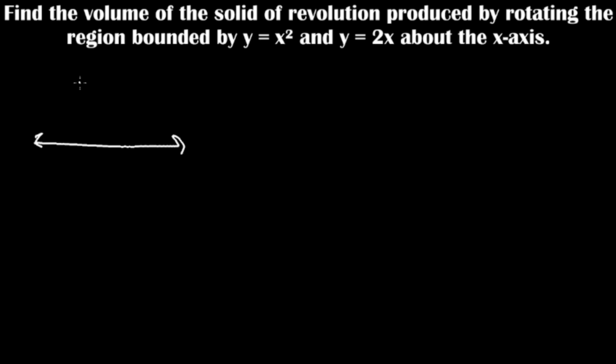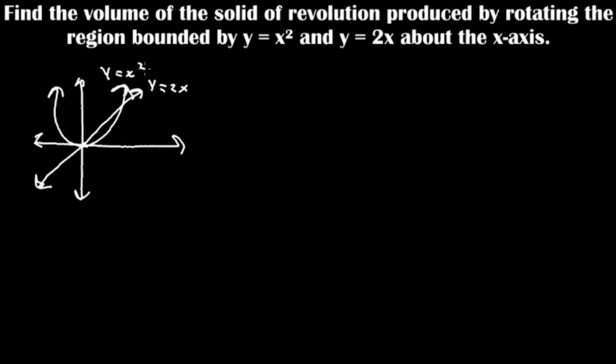I find this to always be helpful. y equals x squared looks like this. y equals 2x looks like this. Okay, so this is y equals 2x, and this is y equals x squared. And then we're taking this region and rotating it about the x-axis.